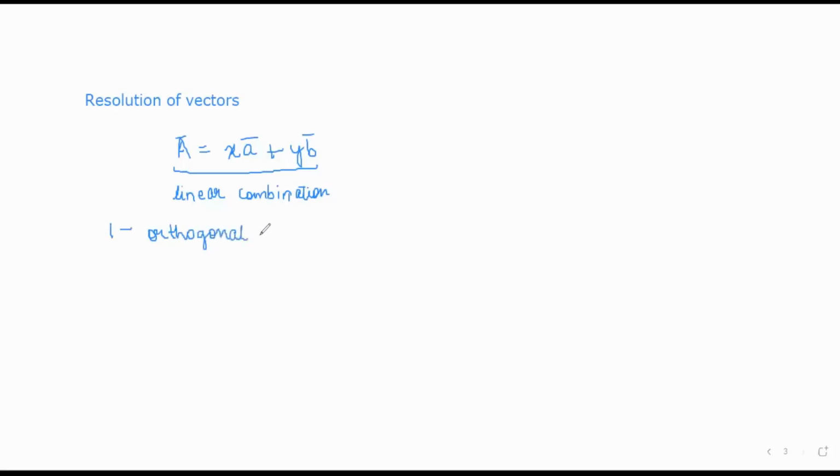First thing is orthogonal, that is, the basis vectors that we are taking must be at 90 degrees to each other. And second is unit vectors. Unit vector simply means that their magnitude is 1. The magnitude of that vector v should be equal to 1. So orthogonal unit vectors are taken as basis vectors.